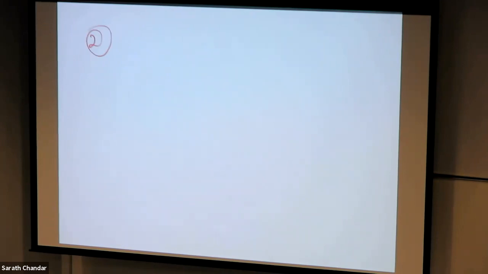Okay, so that is the second approach. The second approach is to directly model P of Ck given X. Don't worry about P of X given Ck or P of Ck. You're going to directly model P of Ck given X. We are going to call this second kind of approach discriminative models.